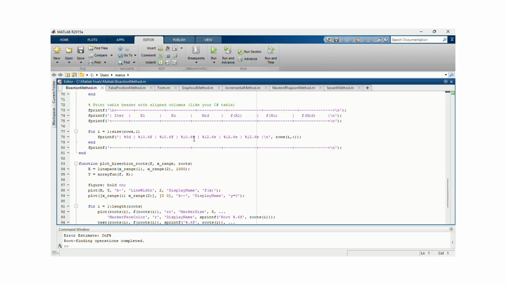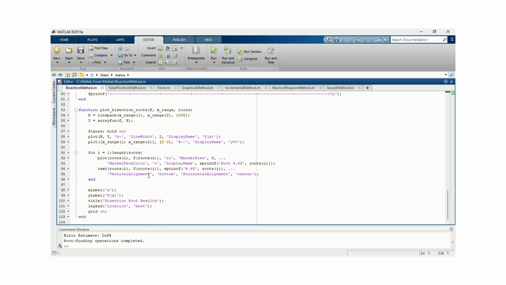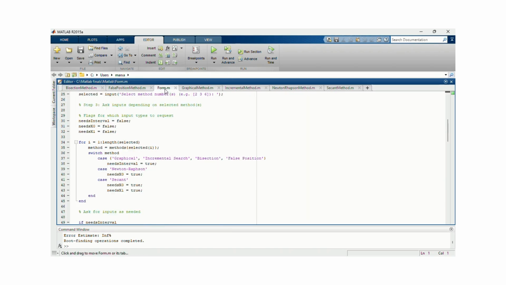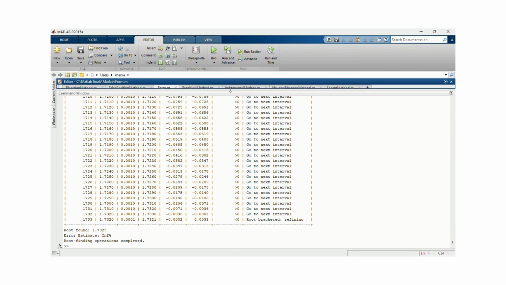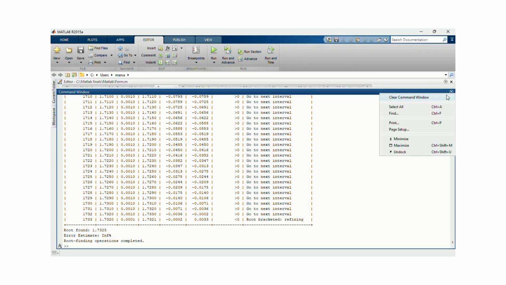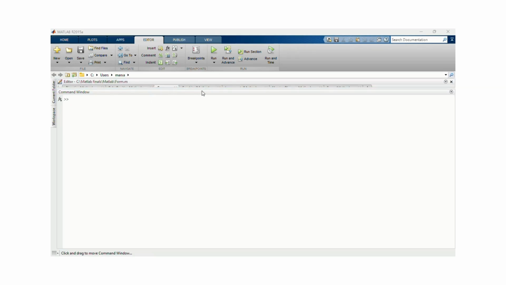And below here is the iteration table for the bisection method. So let's run and test. Let's clear first.